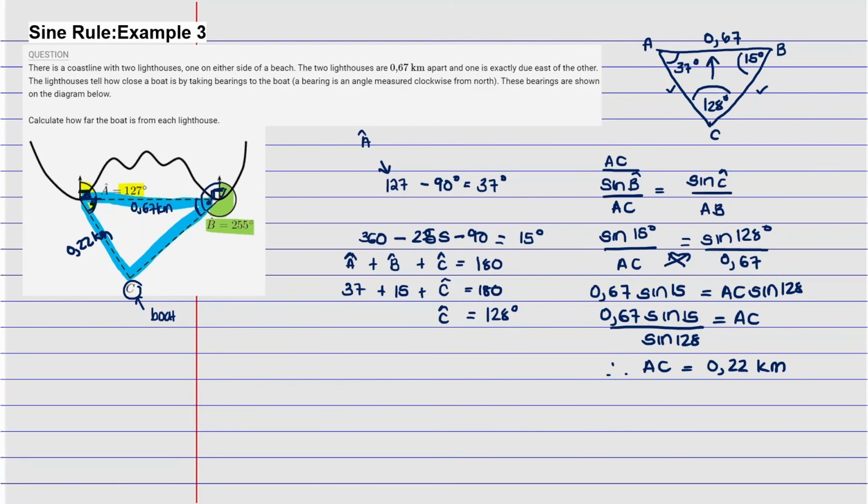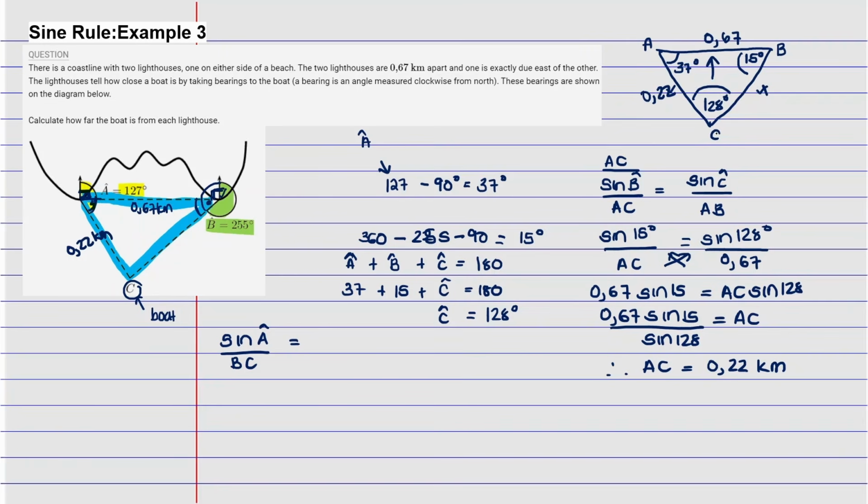Now we're going to look for this side, and I'm just going to do it here. Remember the fact that we now have this side, which is 0.22. We're looking for BC. So we know that BC is related to sine A, and sine A is related to BC.